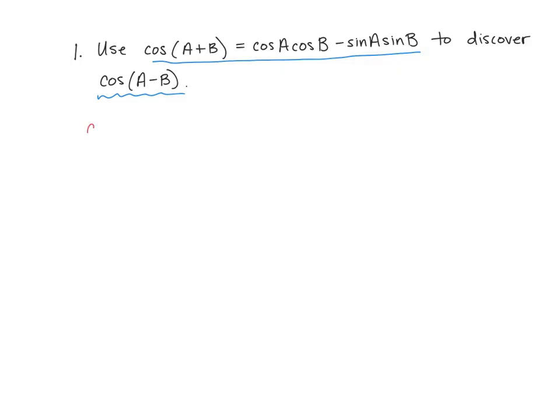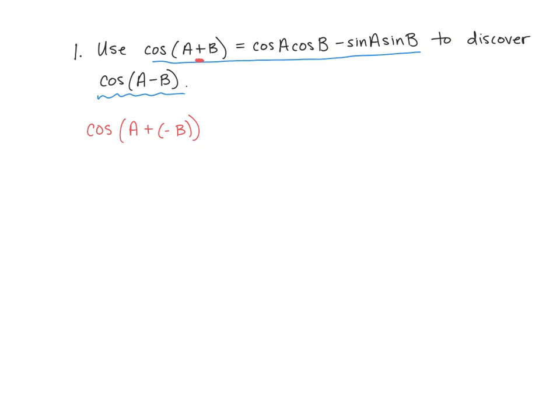So let's start by writing it in terms of things we know. We have an addition, so you'll notice cos of A plus B, that is cos of our first plus our second angle. So there's an addition sign there. So the identity that I'm asking you to discover has subtraction in between.